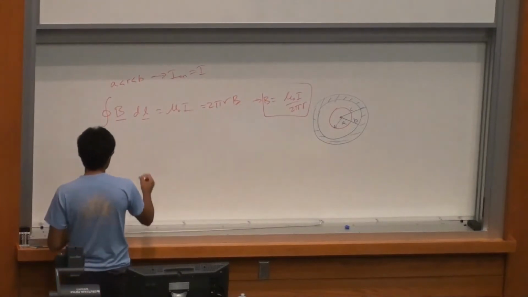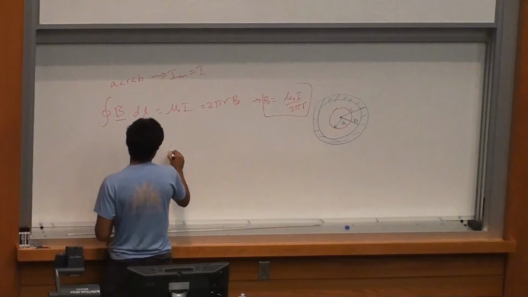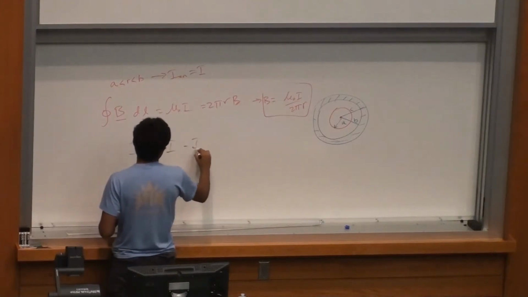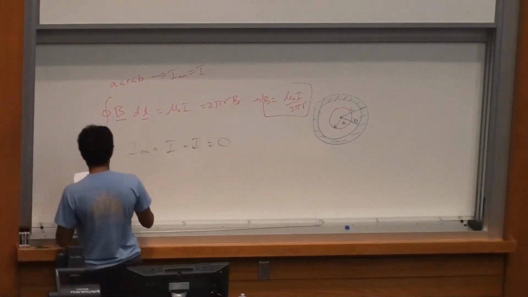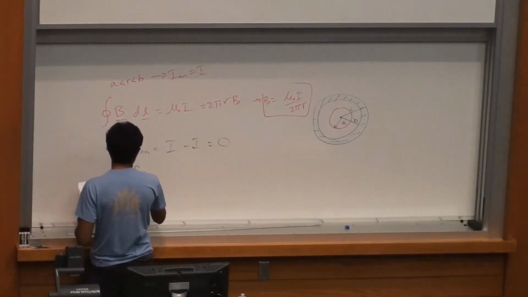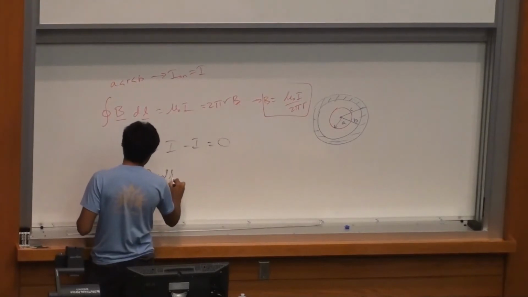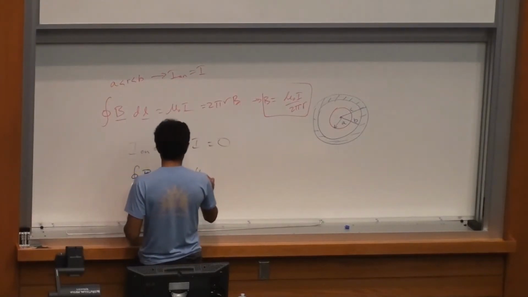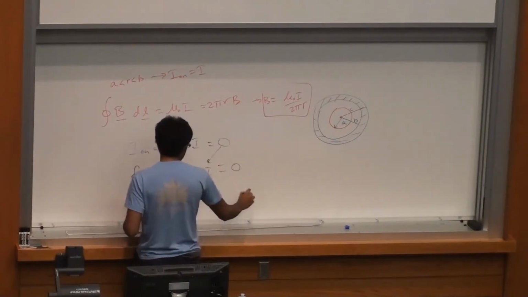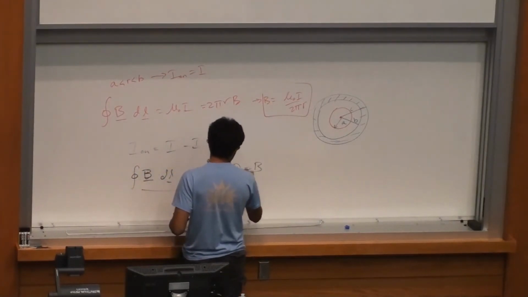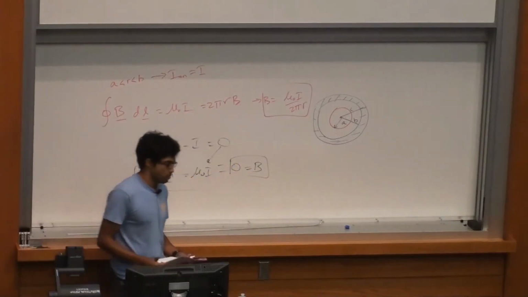So my I enclosed equals that I there minus the other I, equals 0. So therefore, when I look at my magnetic field, the integral of B dot dl equals mu naught I, which is 0, so this whole thing equals 0. So that's for the second part.